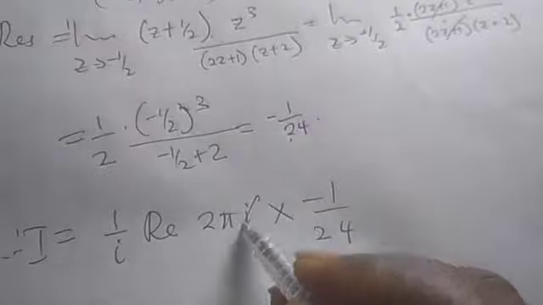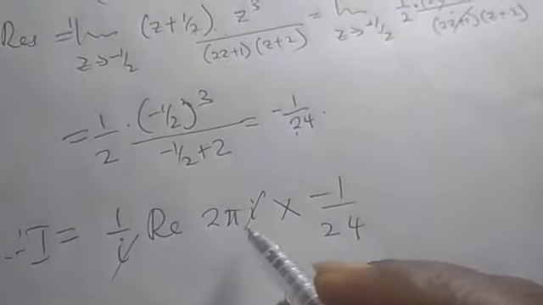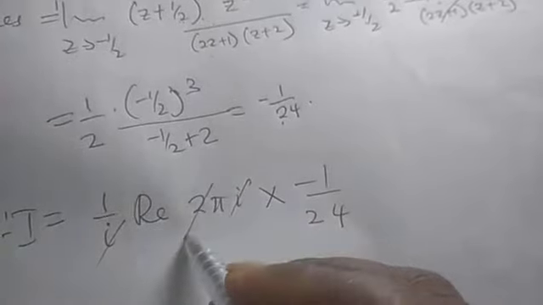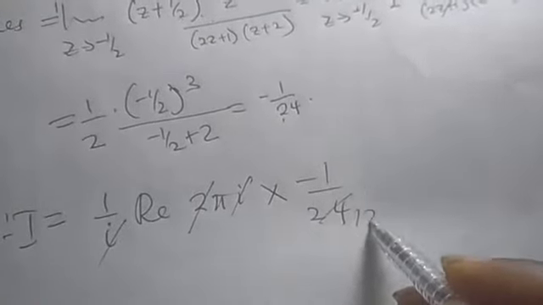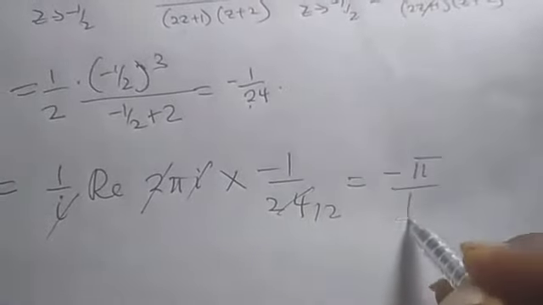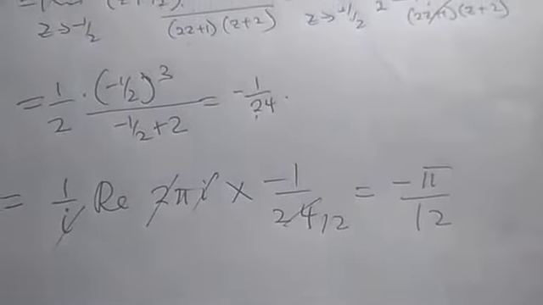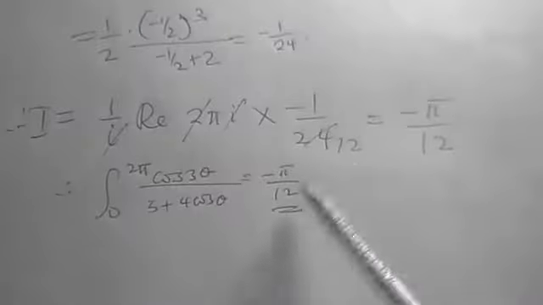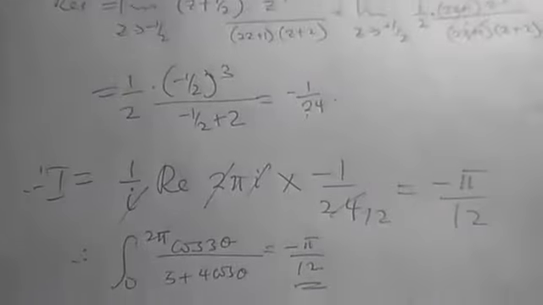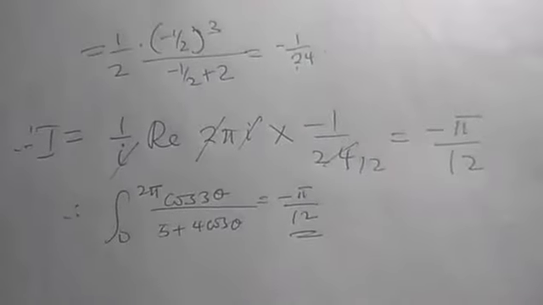So from this place, I cancel i, so this is useless because there's no real part and imaginary part again. 2 here, 1; 2 here, 12. So finally our answer is minus pi over 12. So that simply means that this integral, I've considered more examples on this, so you can practice the following questions.